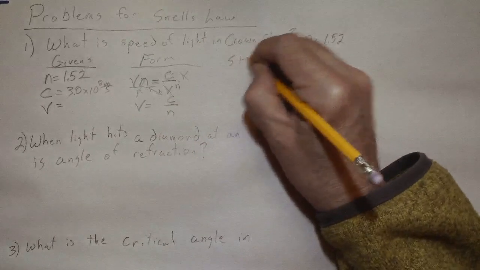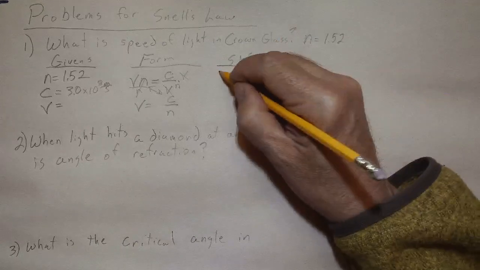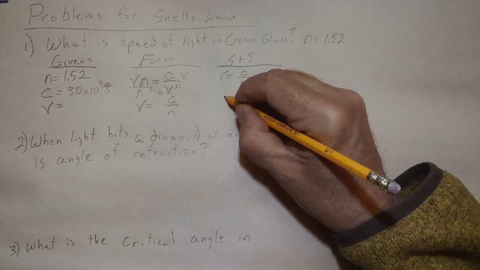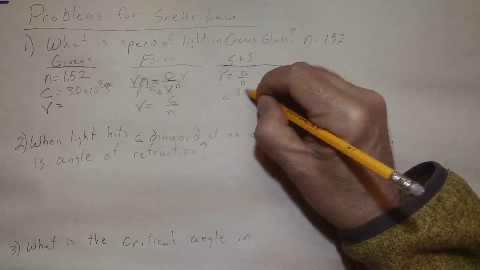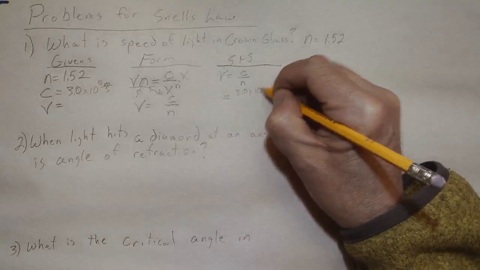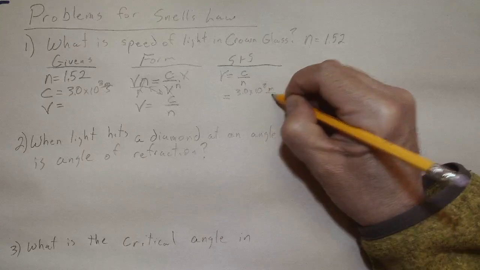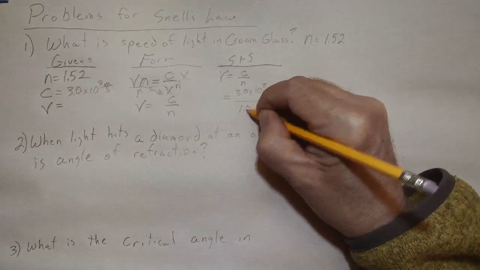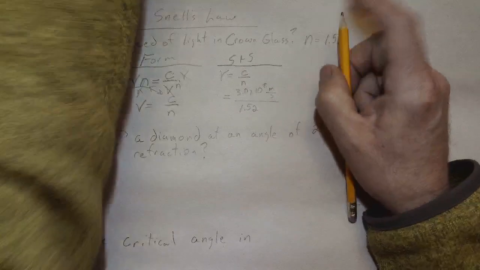So the S and S, substitution and solution, v equals c over n. Great. Sub in 3.0 times 10 to the 8th meters per second divided by 1.52. It is that simple.